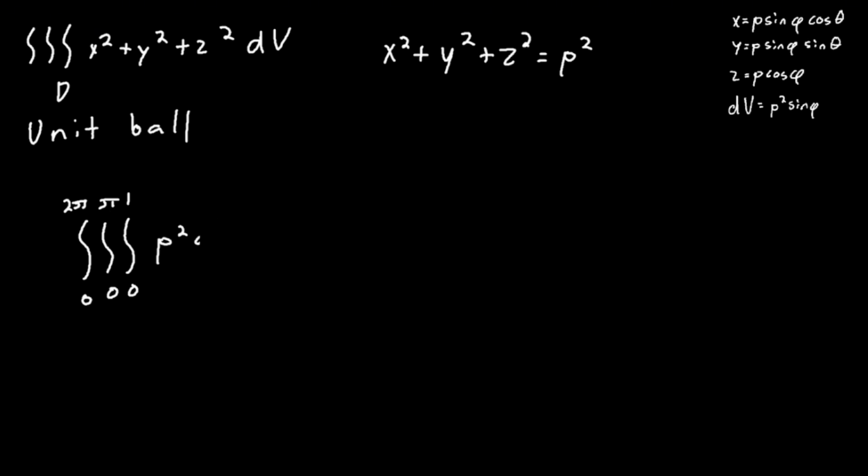Now we have to turn dV into our spherical coordinate values, and dV is simply equal to what is called the Jacobian.